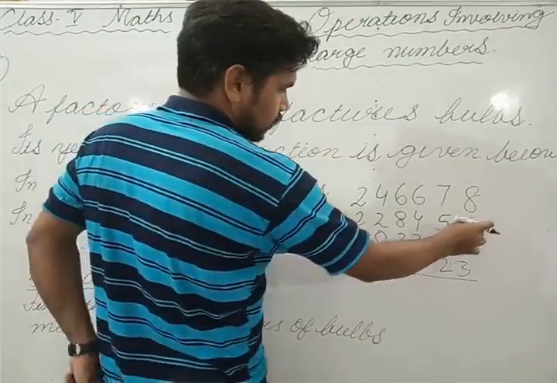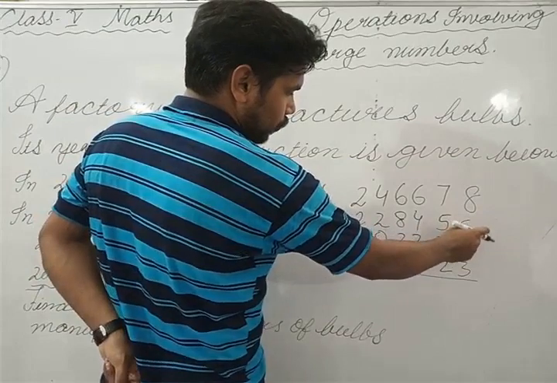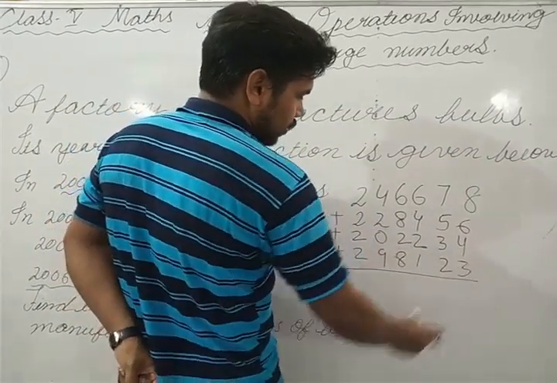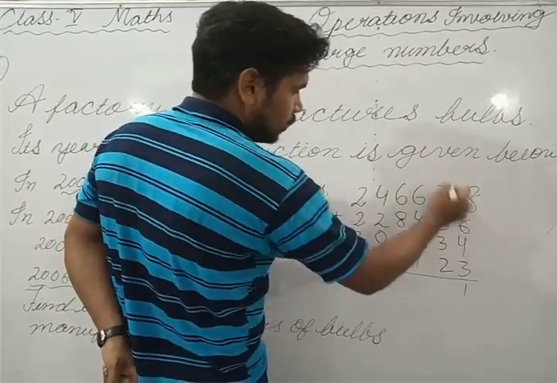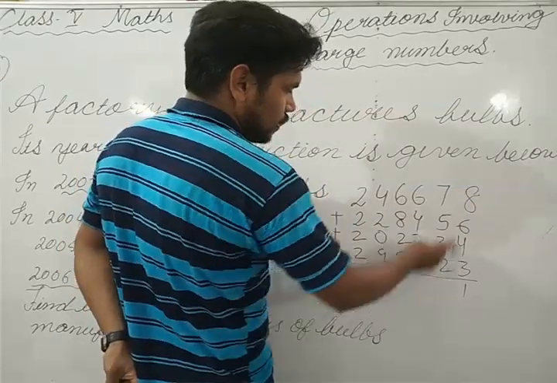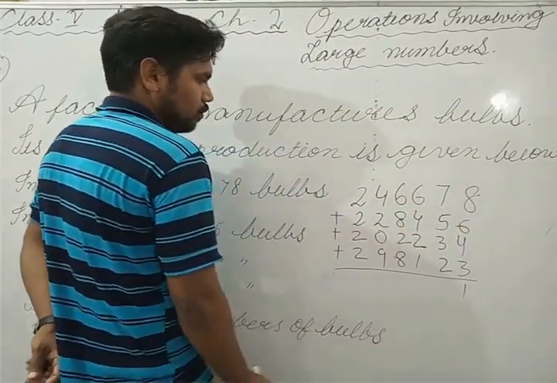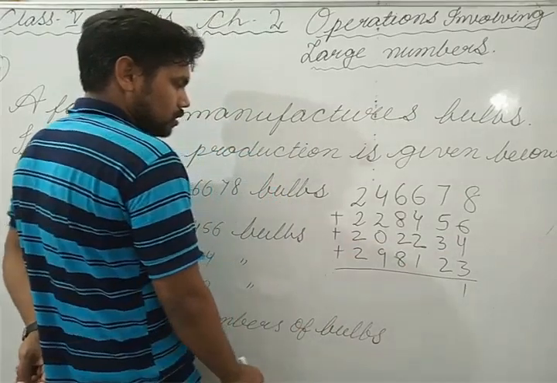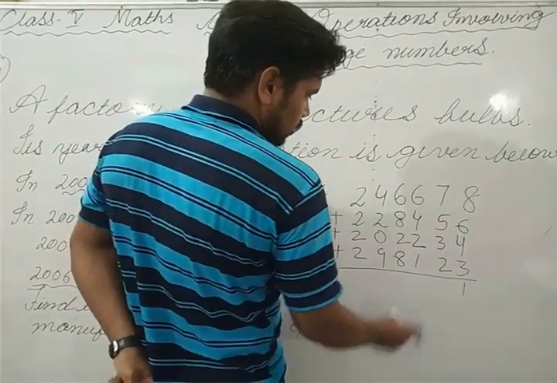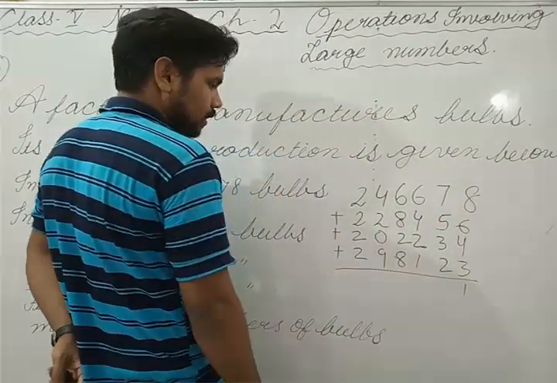Okay, so let's add. 8 plus 6 is 14, 14 plus 4 is 18, 18 plus 3 is 21. So 1, 2 carry. 7 plus 2 is 9, 9 plus 5 is 14, 14 plus 3 is 17, 17 plus 2 is 19.